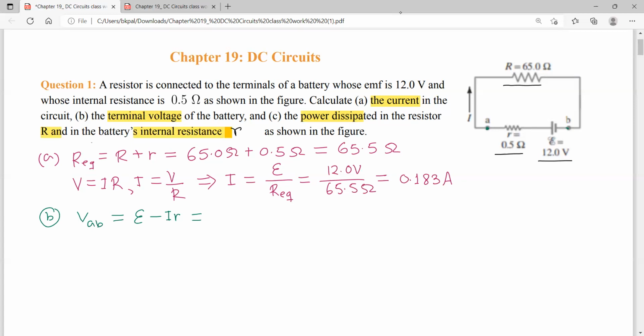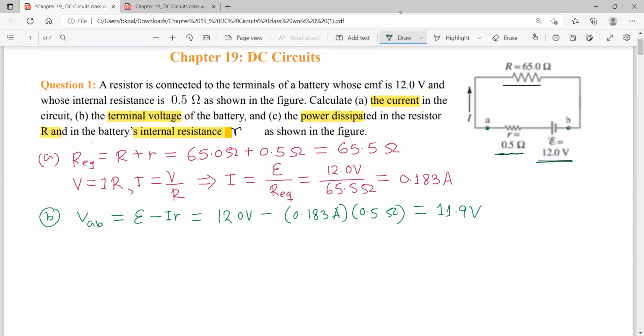So here the electromotive force is 12 volt, current is 0.183 amp, and small r is 0.5 ohm. If you plug all these values in your calculator, you should get 11.9 volt. So you see that the terminal voltage is very close to 12 volt. That means the voltage drop in this internal resistance is very small, and that's why in most problems we are going to ignore it.